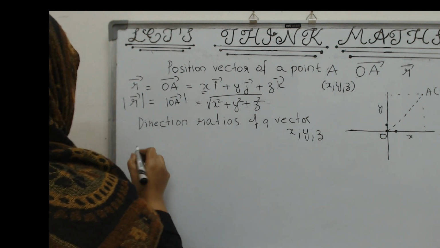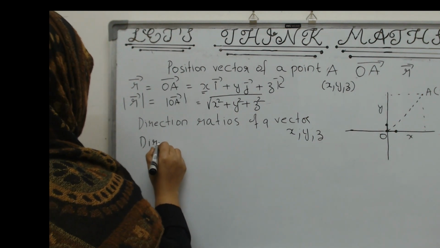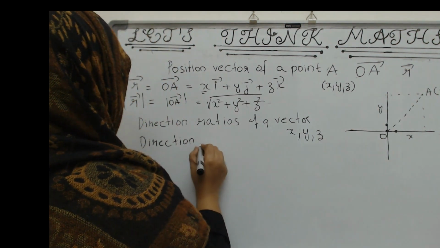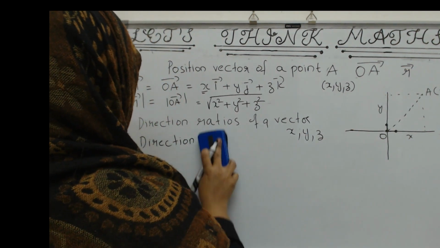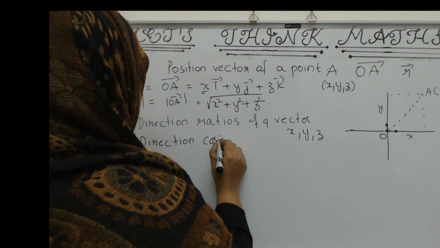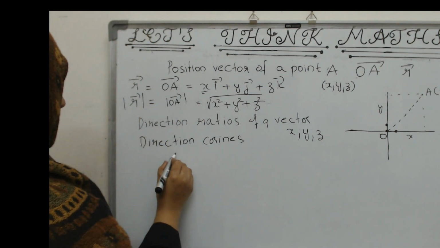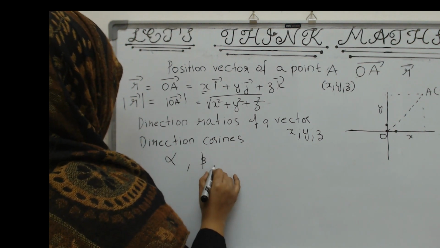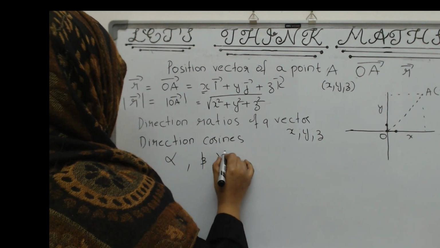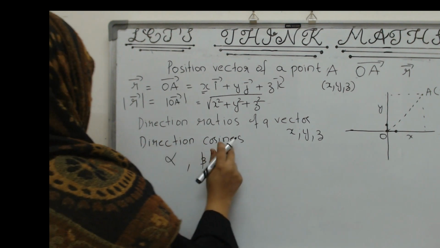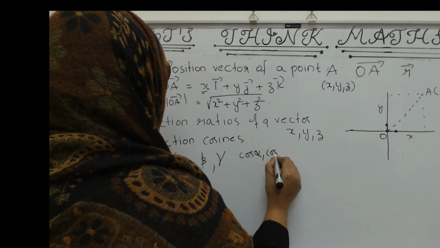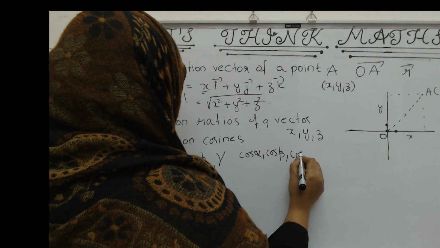And the second thing we learn is the direction cosines. Now see this vector OA. Suppose this makes an angle alpha with the x-axis, beta with the y-axis, gamma with the z-axis, then the direction cosines are cos alpha, cos beta and cos gamma. But what are they?